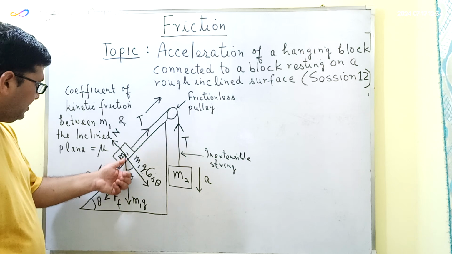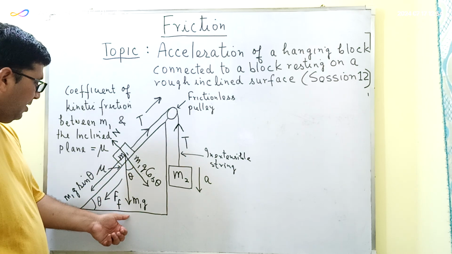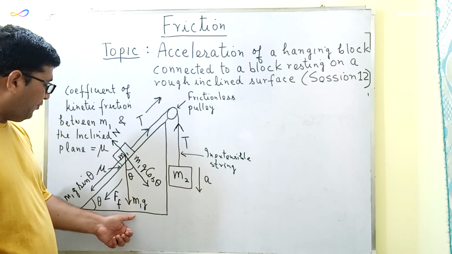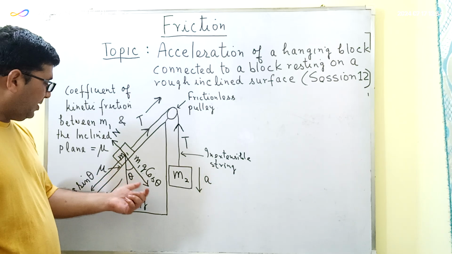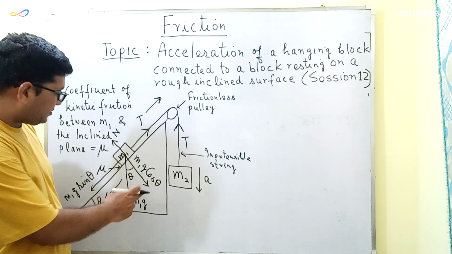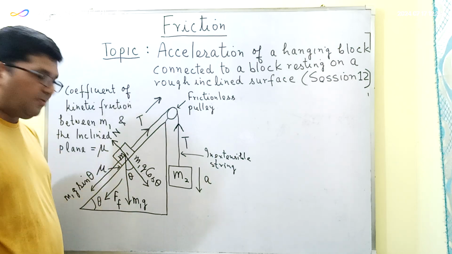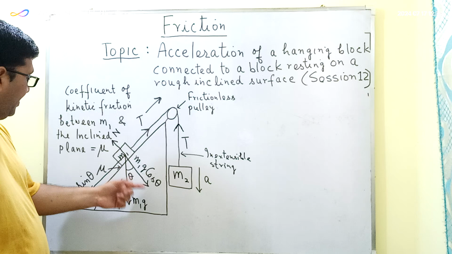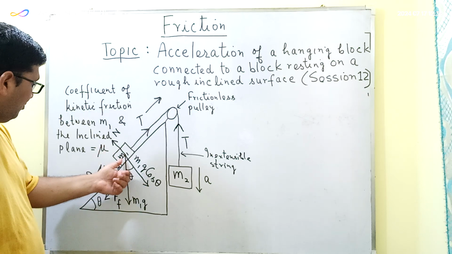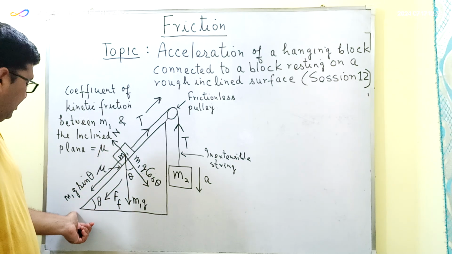Now what I have done is I have already resolved the weight component of this block of mass m1 into one component which is perpendicular to the inclined plane, and one more component which is parallel to the inclined plane.